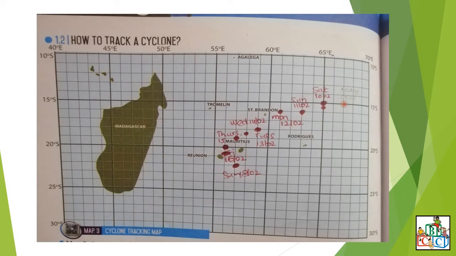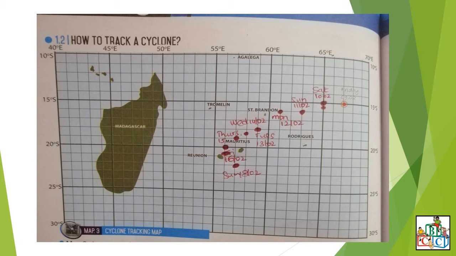So the cyclone formed where? On the northeast, 61 to 67 degrees longitude. So the cyclone formed on the northeast of Mauritius, 15 degrees south.